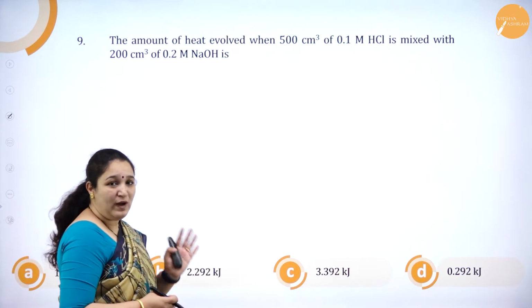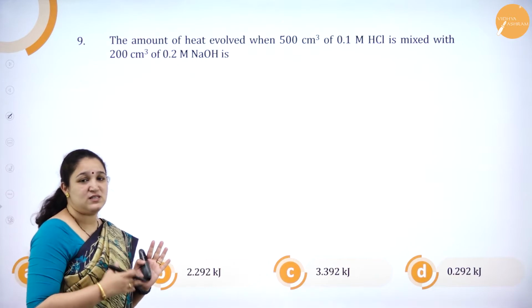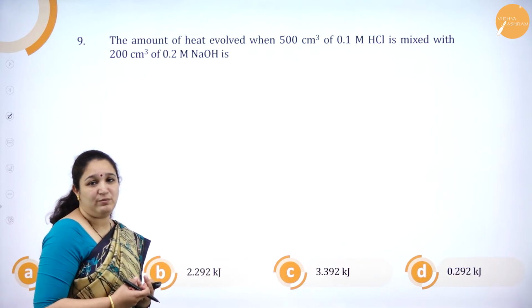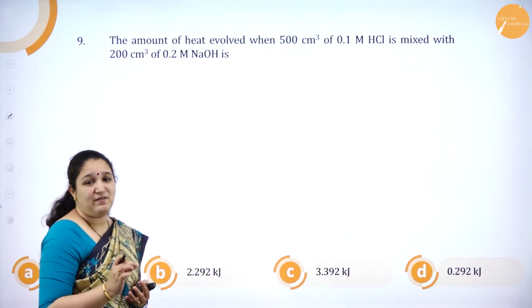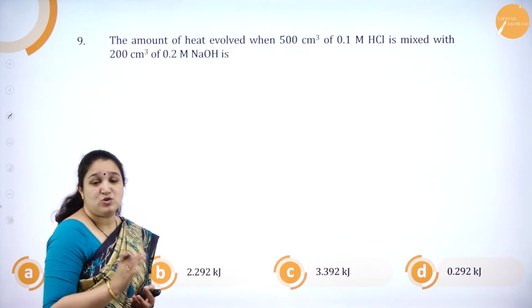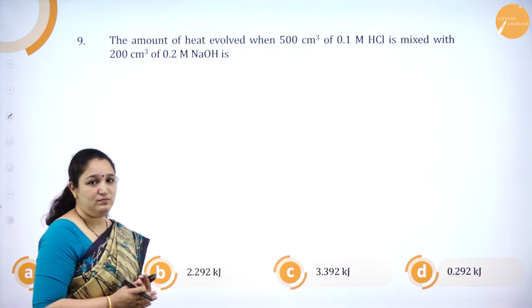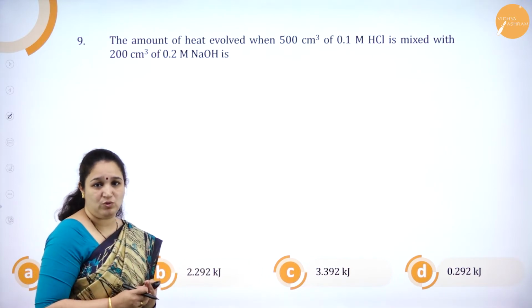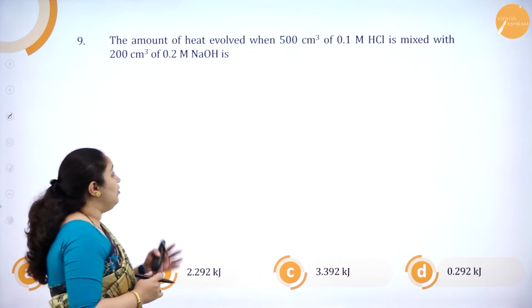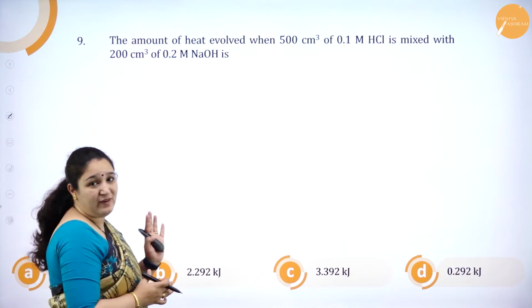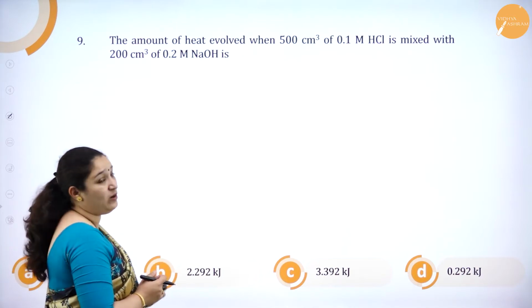We know that 1 mole of HCl, when it is neutralizing 1 mole of NaOH, the amount of heat liberated is 57.3 kilojoules. So we have to know this, it's a fact that we need to know. Correct?